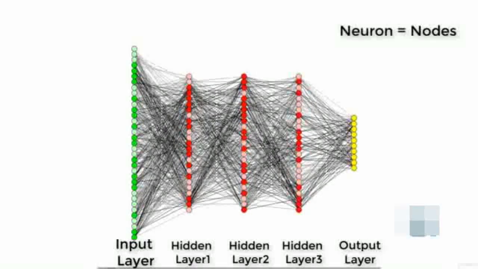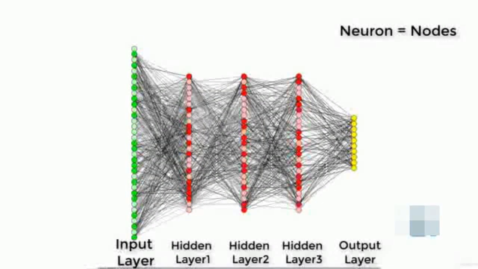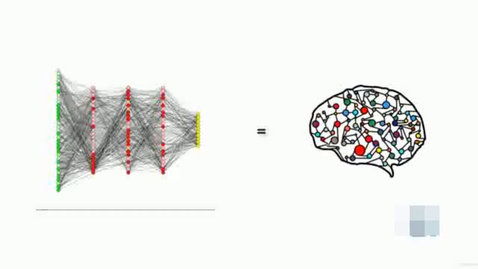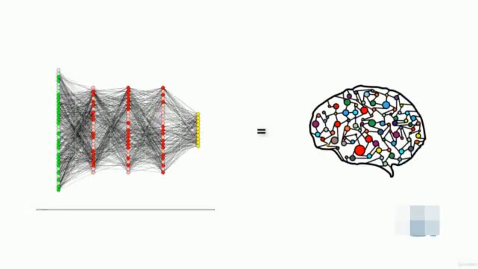Note that neurons are also commonly referred to as nodes. The structure of the artificial neural network is the same as the structure of the neuron in our brain. That's why they are also known as artificial neural networks, and sometimes we use the word deep neural network.